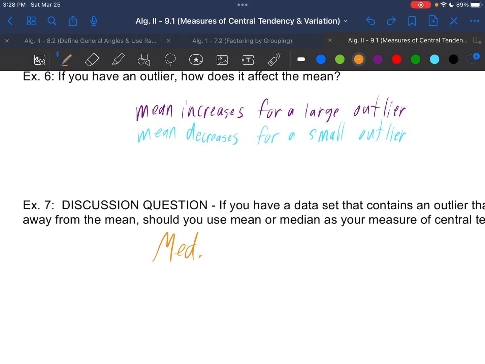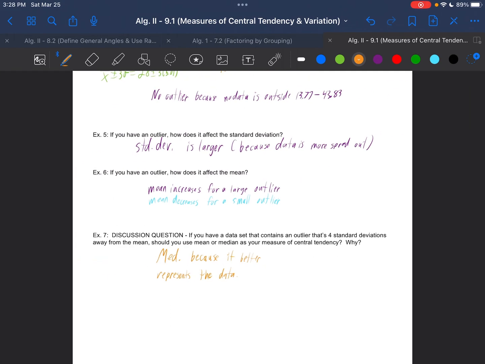So I would say the median, because it better represents the data, or you might even say the bulk of the data, where most of it's at.